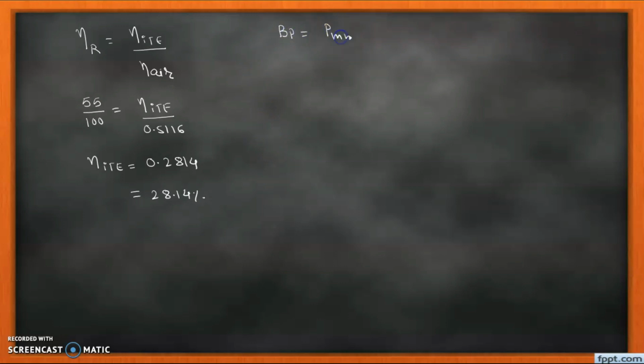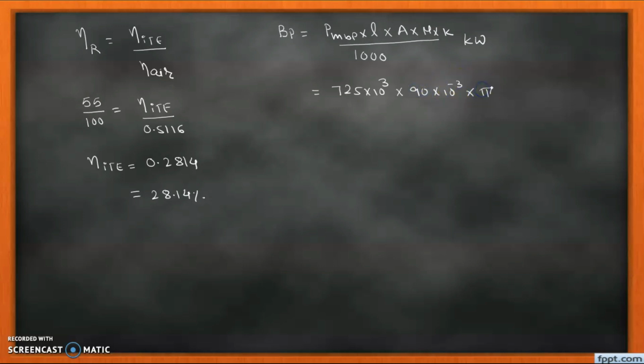Now students, we first calculate the brake power from the brake mean effective pressure. It is given by the mean effective pressure times stroke length times area times N times K divided by 60,000. But generally N is given in RPM, while in this numerical N is given in RPS, so we need to divide by only 1000 to get the answer in kilowatt. The brake mean effective pressure is 725 into 10 to the power 3. The stroke length is 90 into 10 to the power minus 3.